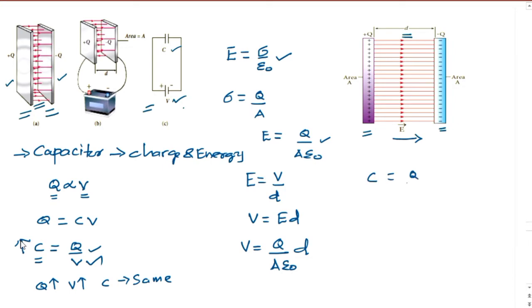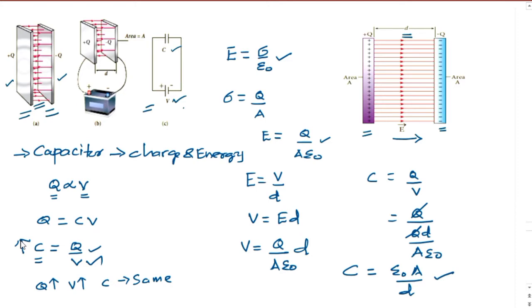C equal to Q divided by V, charge divided by potential difference, which is Q into d divided by A epsilon naught. So Q is getting cancelled. Therefore, the capacitance of a parallel plate capacitor is epsilon naught A divided by d.